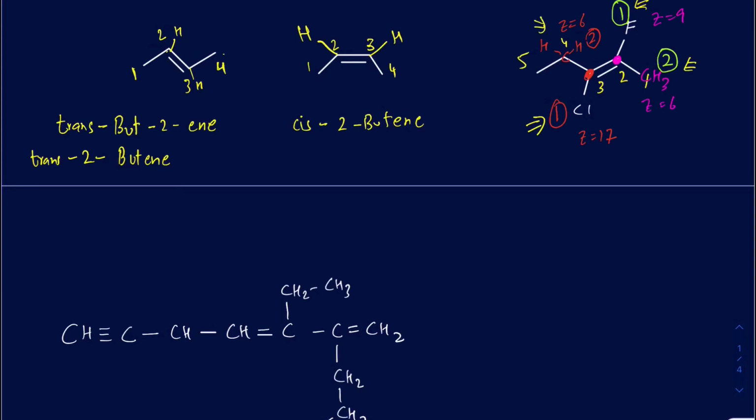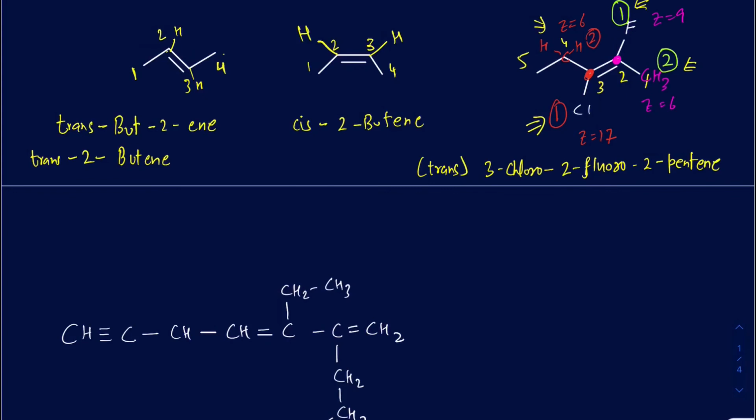So when I name this, I'll say it's going to be 3-chloro, and then I have 2-fluoro, and I'm going to specify the position of the double bond, which is the second position, and it's going to be 5 carbons, so it's going to be a pentene. And since it's a trans, I would say trans in front of it.